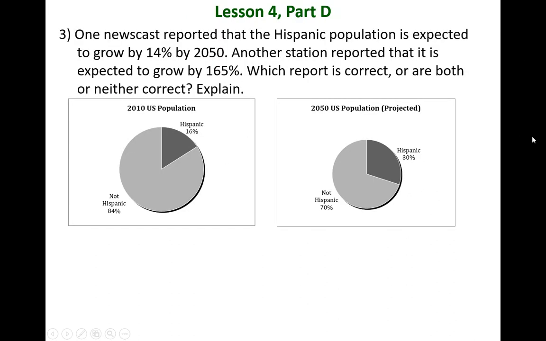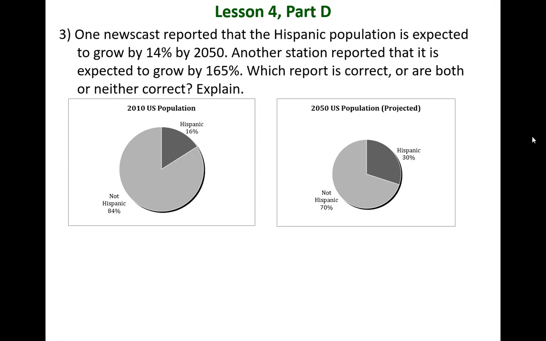It says, one newscast reported that the Hispanic population is expected to grow by 14% by 2050. Another station reported that it's expected to grow by 165%. Which report is correct, or are both correct, or neither correct?